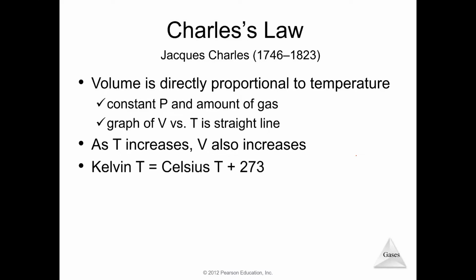Now, since we deal with the volume, you have to be very careful here and understand most cases like that. We have to convert things to what? To Kelvin, because Celsius and Fahrenheit, as you may know, can give you negative temperature.